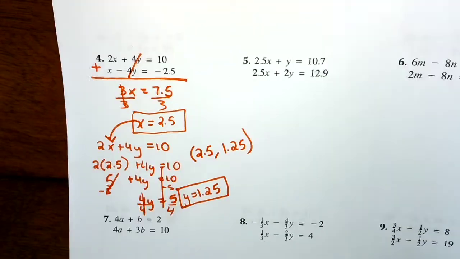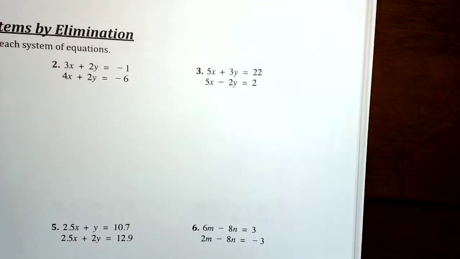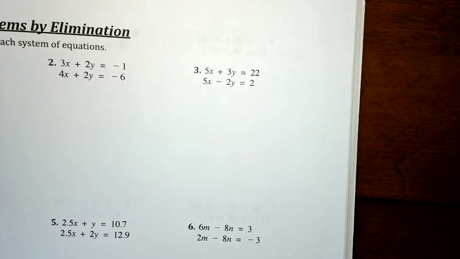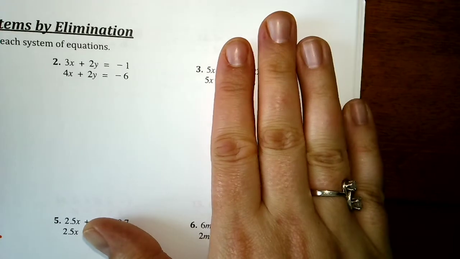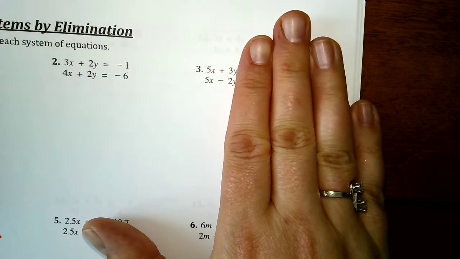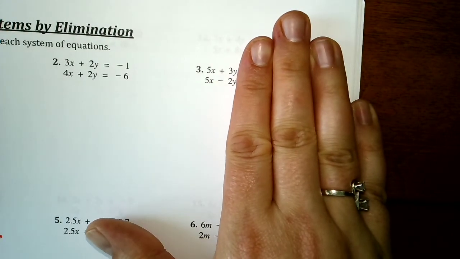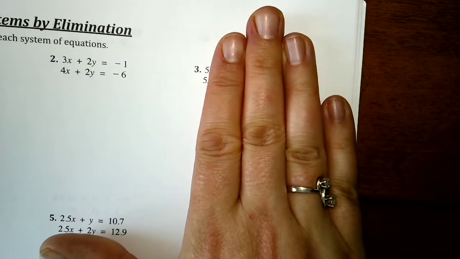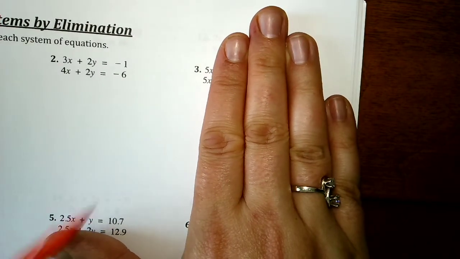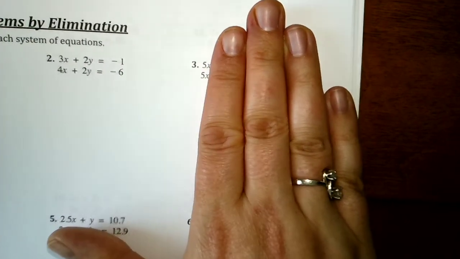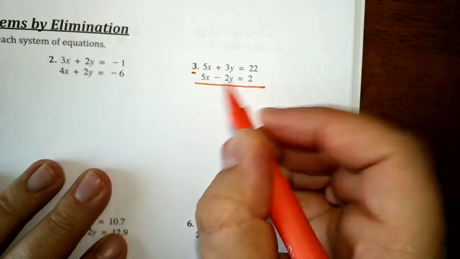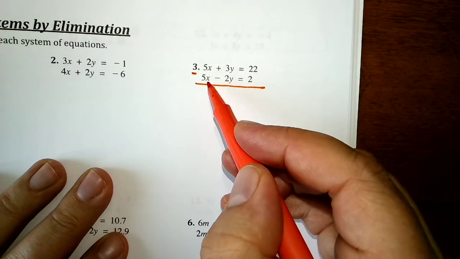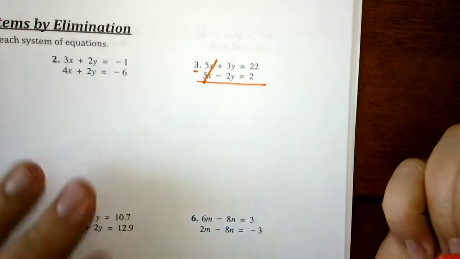All right, I'm going to back up to number 3. So same idea, this one's a little bit different. If you look, the coefficients of my x values match up, and the coefficients of my y values do not. So I'm going to look at how to eliminate the x. If they're both positive, to eliminate them down to 0, I will subtract, because 5x minus 5x goes to 0.